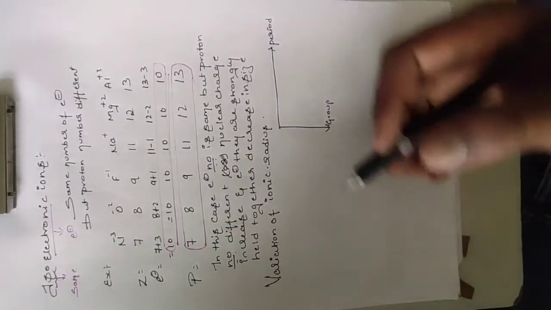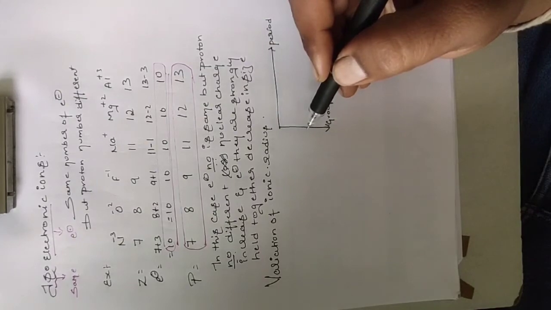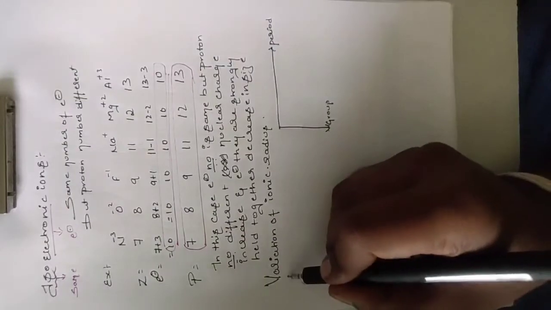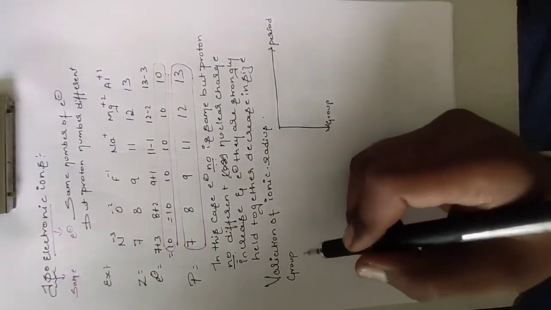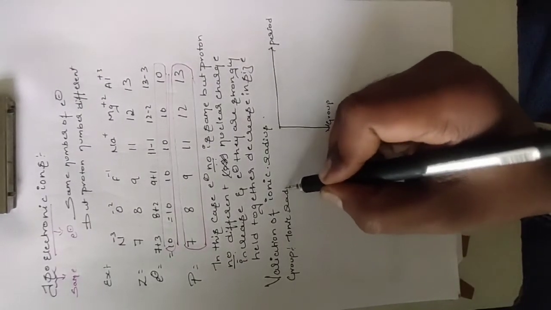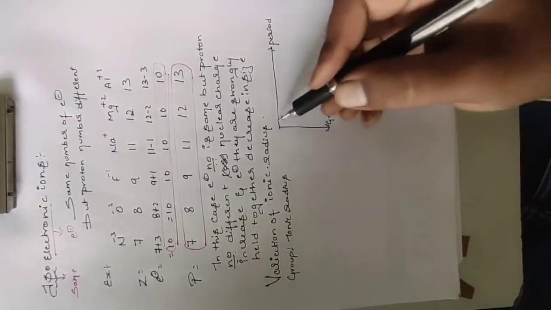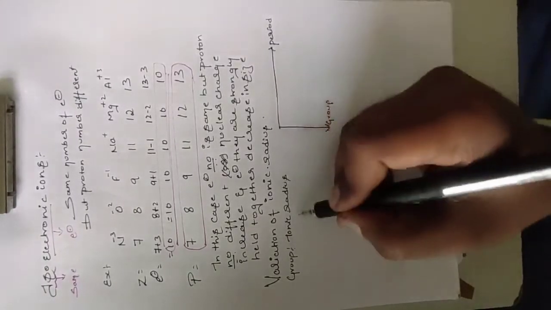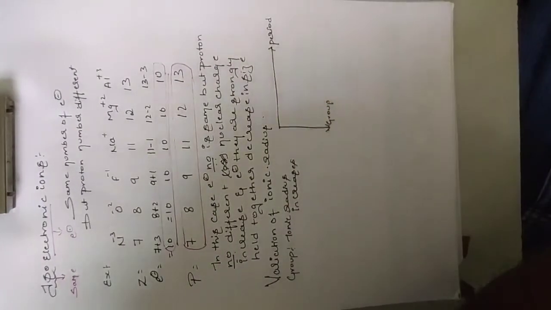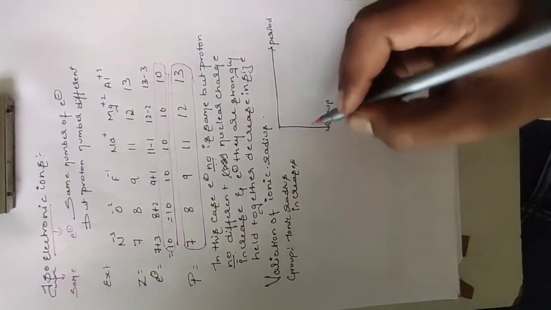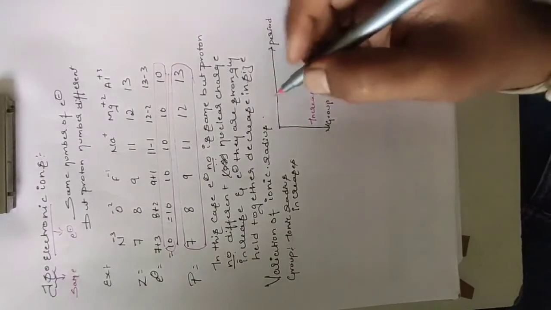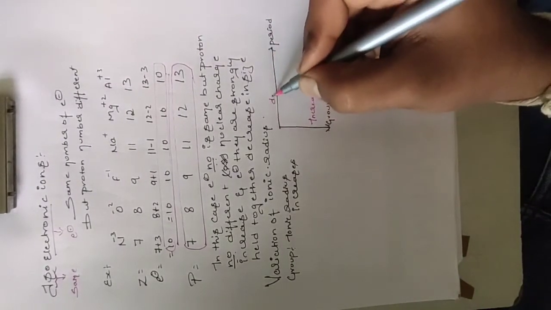In groups, meaning top to bottom in the periodic table, the ionic radius will increase. Then what about in periods? Decreases.